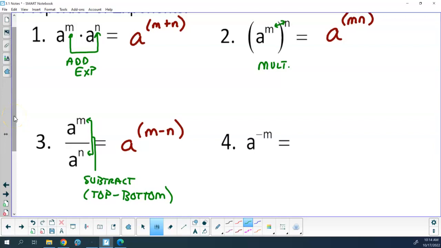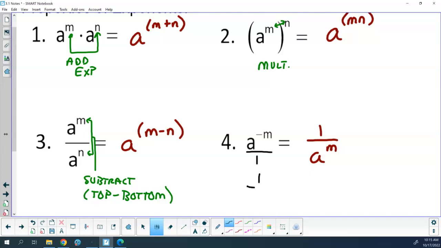The next one down is number 4 here. When you have a negative exponent, you make it positive by putting it on the opposite side. So if it's on the top, because this would technically be a to the negative m power over 1, we move it to the bottom to make it positive.